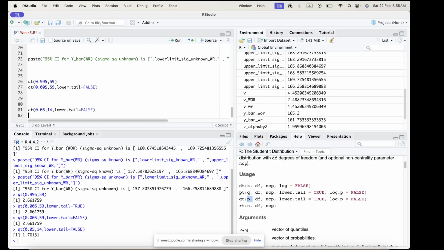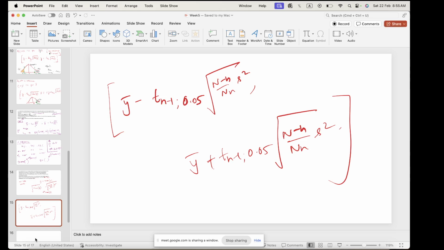So this comes to 1.76, and I'm going to plug in that value, calculate, and then I'm going to get the 90% confidence interval. So this actually is giving me the 90% CI for capital Y bar, or the population mean.